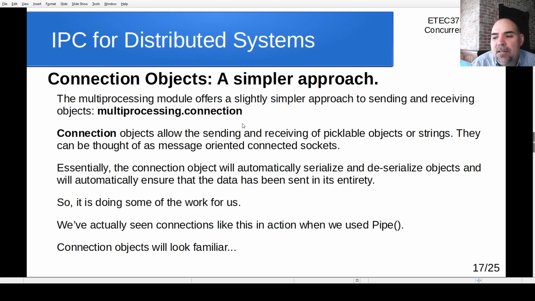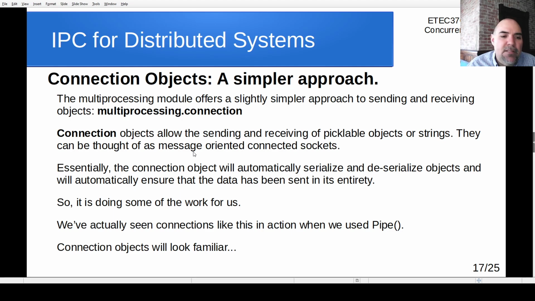We could send strings, numbers, lists, tuples, lists of lists, lists of dictionaries of lists, whatever we want. That can be thought of as message-oriented connected sockets. So it's sockets that are handling the sending and receiving of those messages in their entirety without us having to worry about it, and it's serializing and deserializing those for us. So it's already done for us in this case.